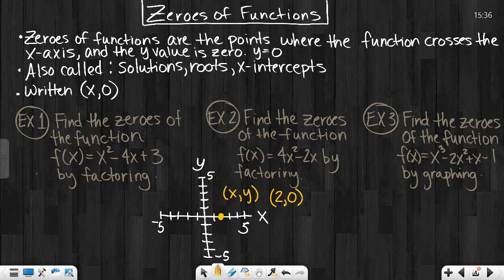When you have a function that crosses the x-axis, this point, anywhere it crosses, is called a 0. The other things you're going to hear it called are solutions, roots, and as we just said, x-intercepts. So all four of these terms, zeros, solutions, roots, and x-intercepts, all mean the same thing.